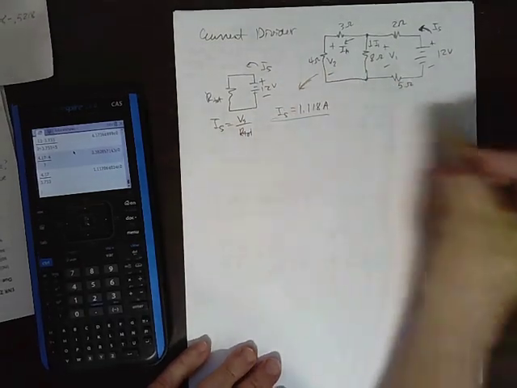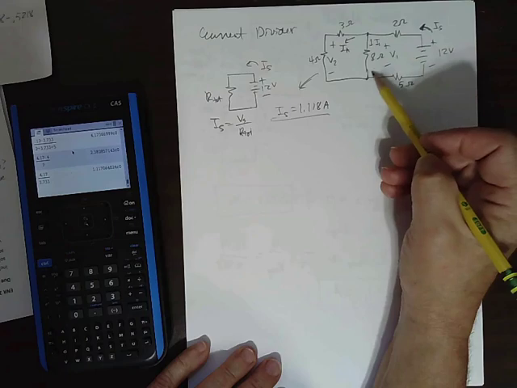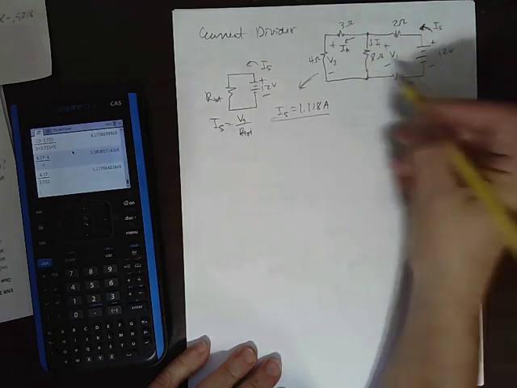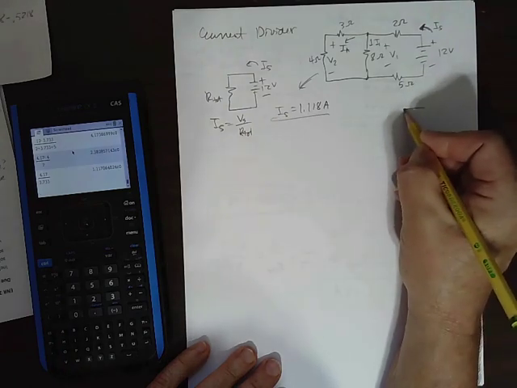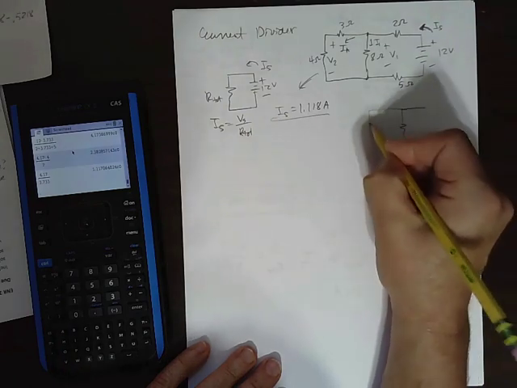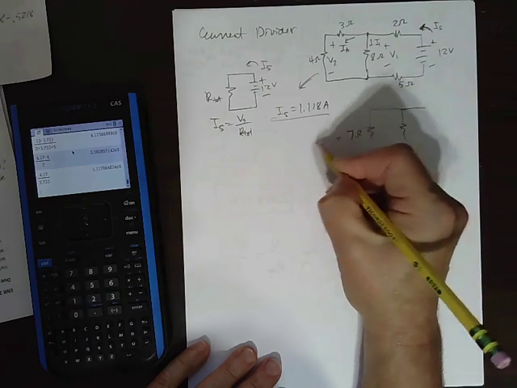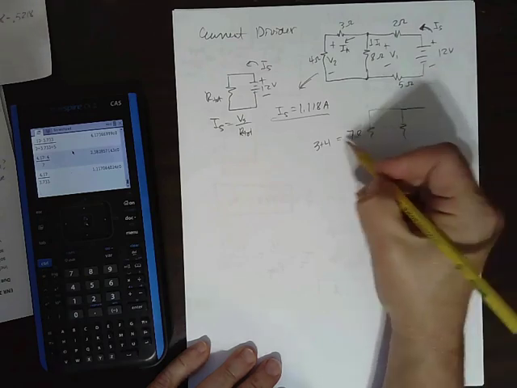So we got IS. Okay, so now current divider says if we have resistances in parallel, we know the current into the combination, then we can get the current of the pieces. So let's just kind of take a breakdown here, and let's make this one be 7 ohms again, right? Because this is 3 in series with 4. Gives us 7 ohms, right?